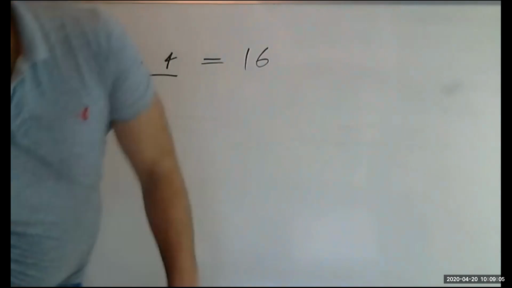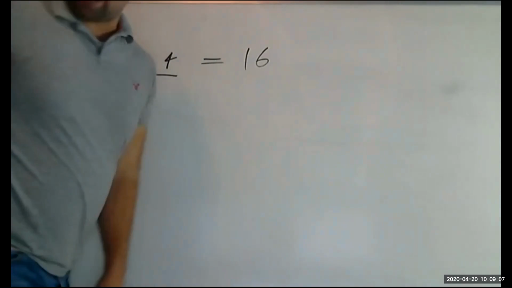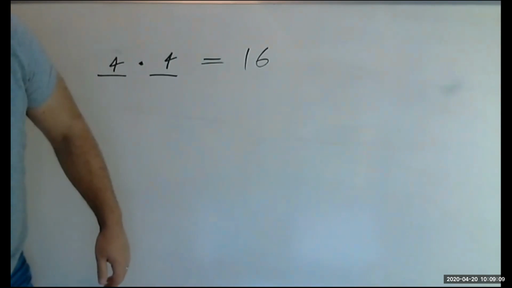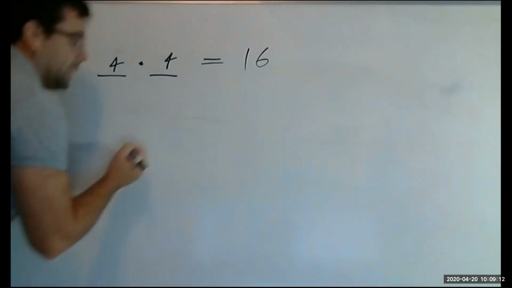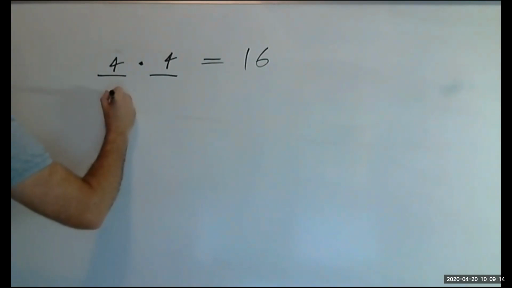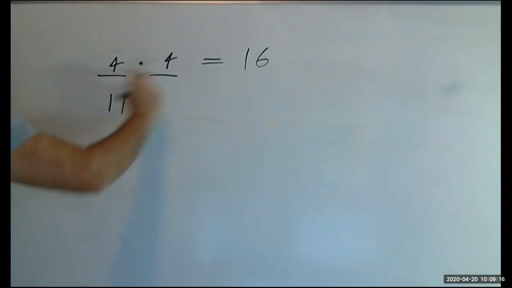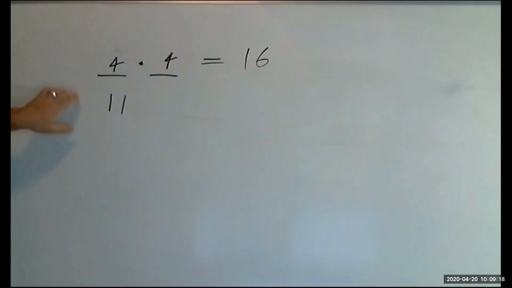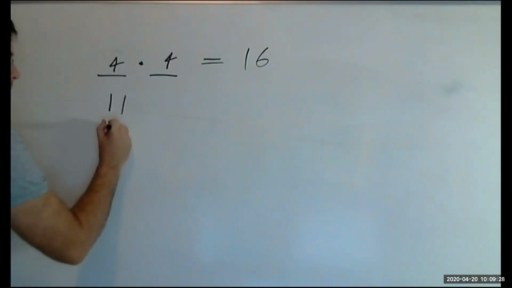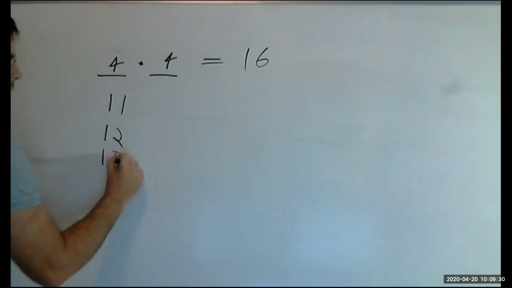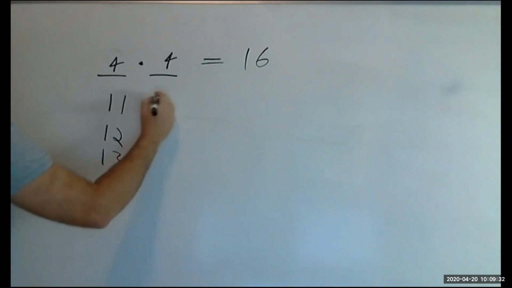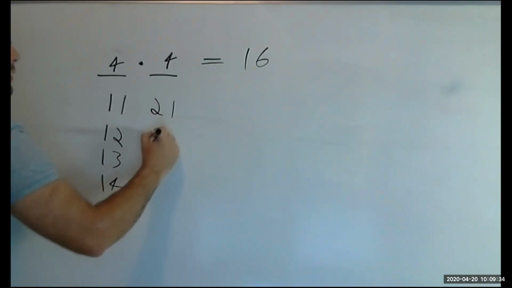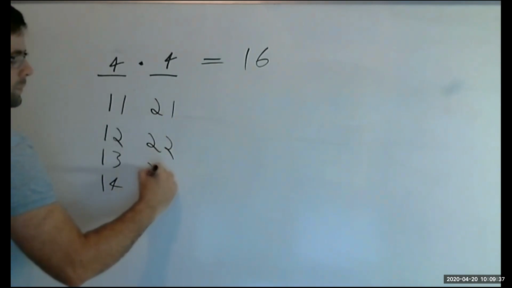This one is helpful if we plot it out graphically. Let's look at all of these initial combinations. We have the first digit and the second digit. So we have 1, 1, 1, 2, 1, 3, 1, 4, 2, 1, 2, 2.